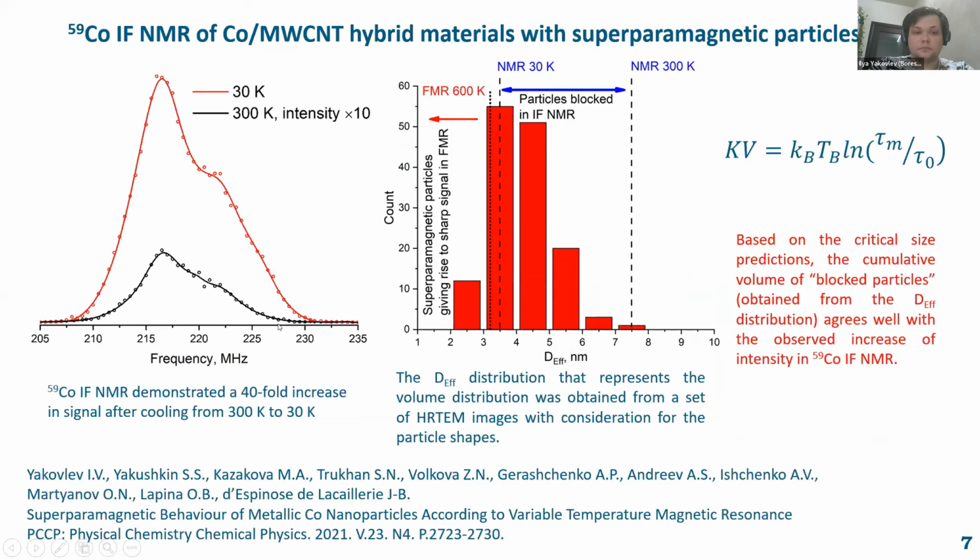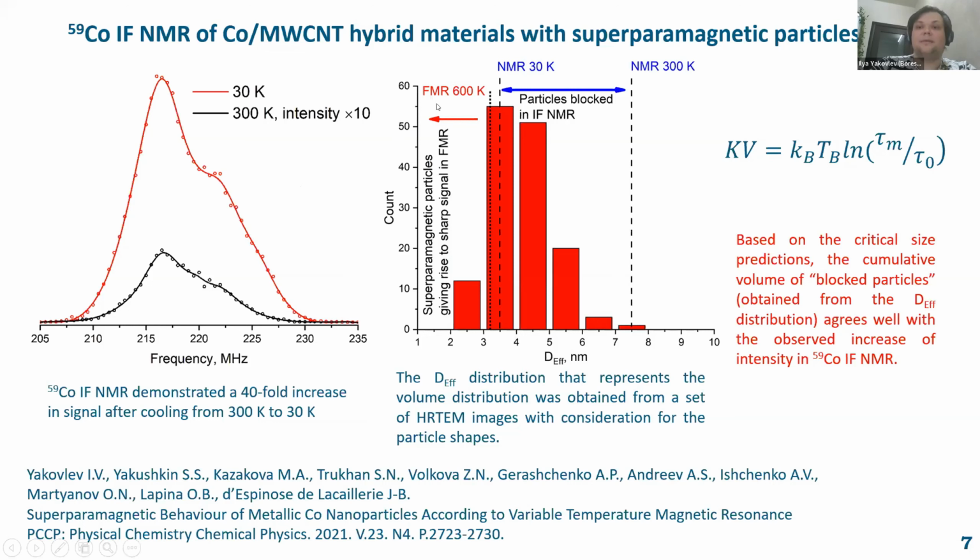Please take note that all of the necessary corrections for Boltzmann factor, Curie-Weiss factor, and T2 relaxation constant were already made for these spectra. So the 40-fold increase of intensity could only be caused by additional cobalt particles that were blocked into ferromagnetic state from superparamagnetic state during this transition.